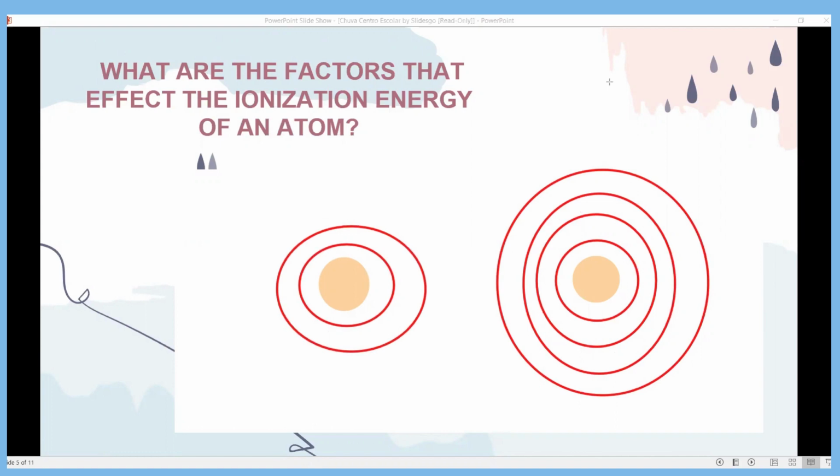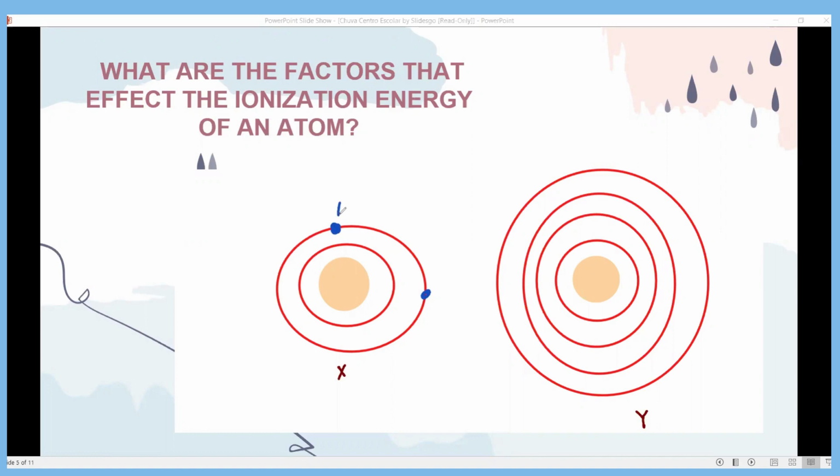Here we have atom X and atom Y. The atom X has its outermost electron in its second shell.